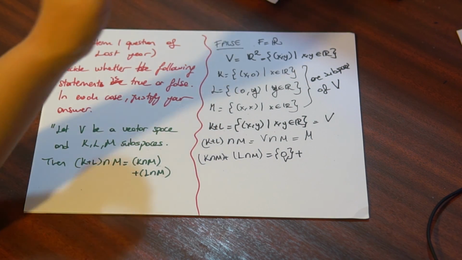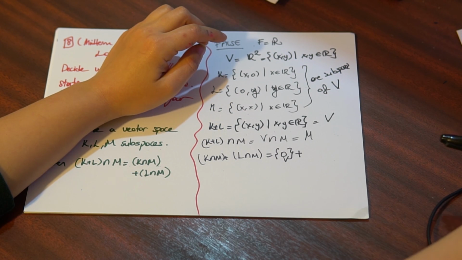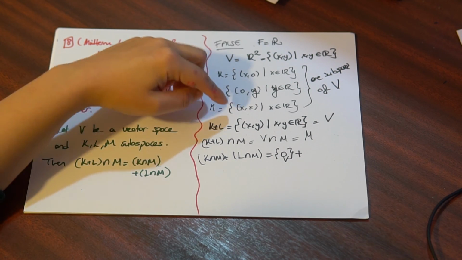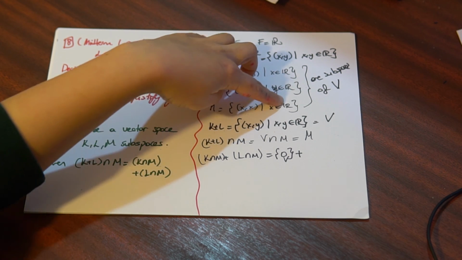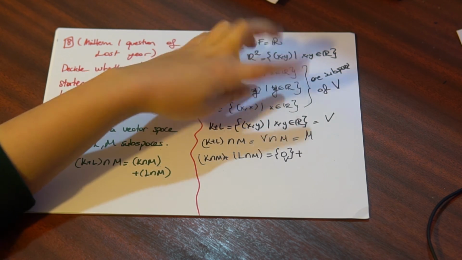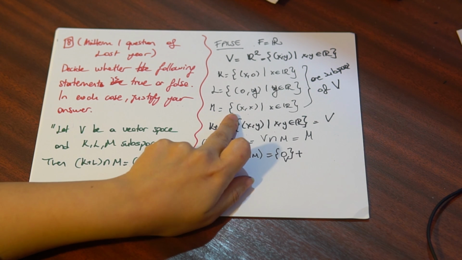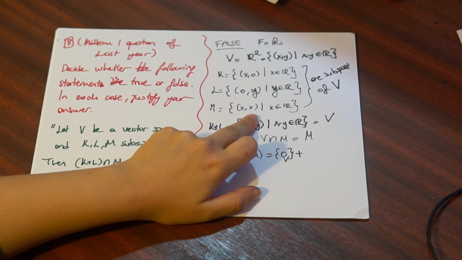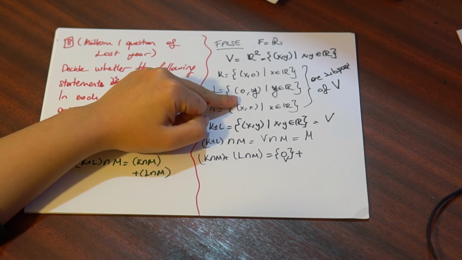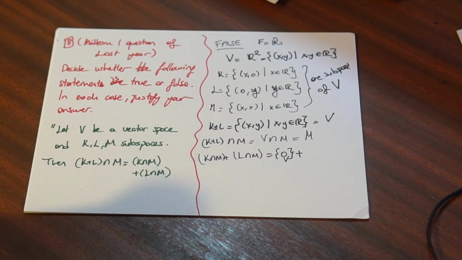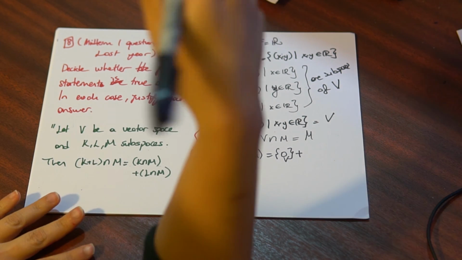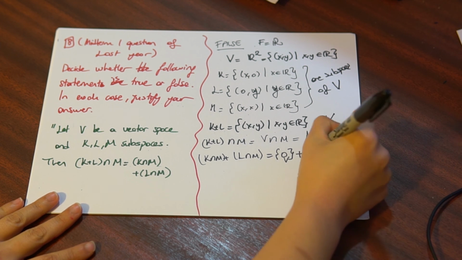Let's look at L intersection M. Again, L is the tuples 0, y with y in R, and M is x, x with x in R. Again the second and first components must be equal, and we know the first component is 0, so the second component must also be 0.